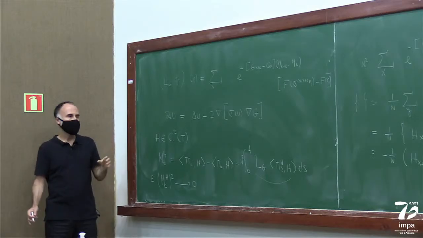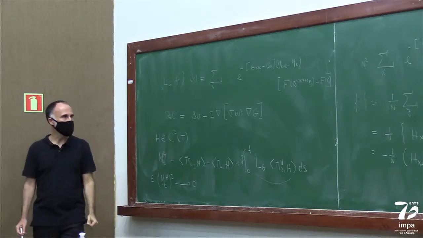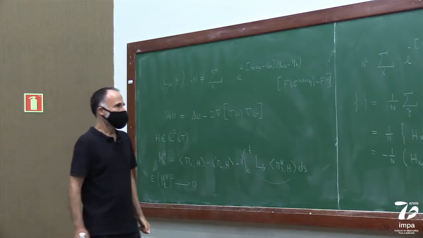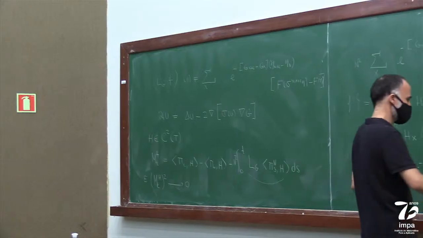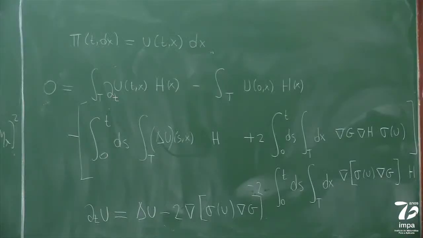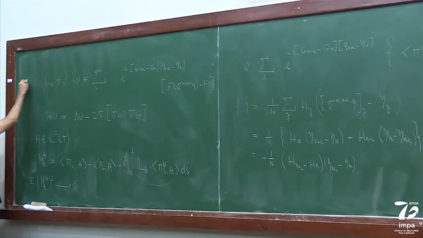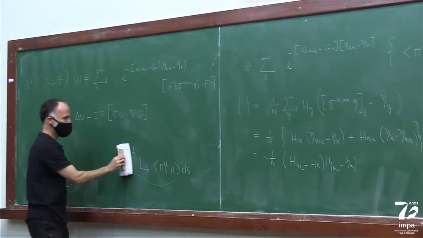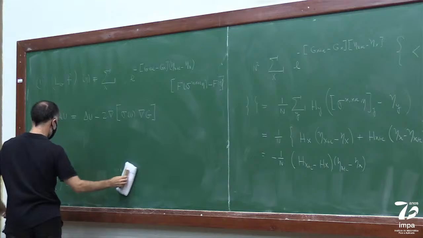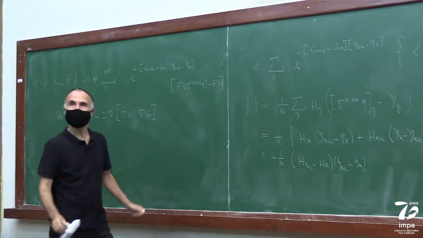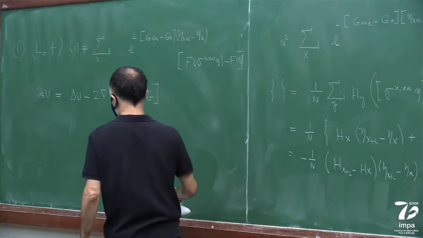Okay, so this is what we get. So that's the first important point in the proof. So once I have that, I can prove very easily a lower bound.